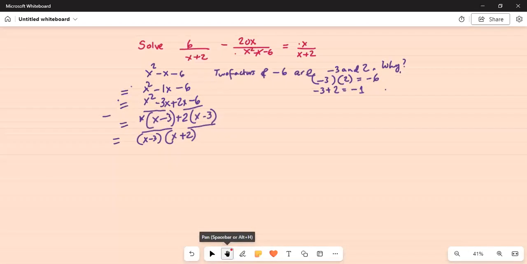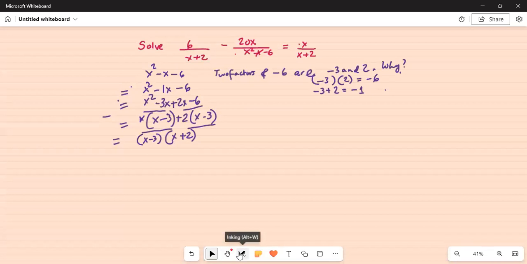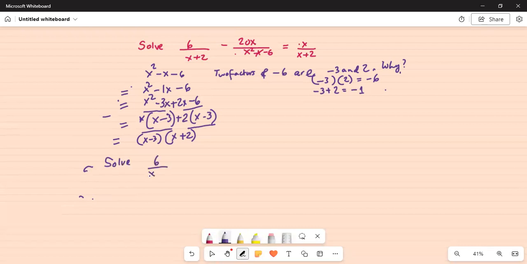So my problem becomes: solve 6 over x plus 2 minus 20x divided by x minus 3 times x plus 2 is equal to x over x plus 2.